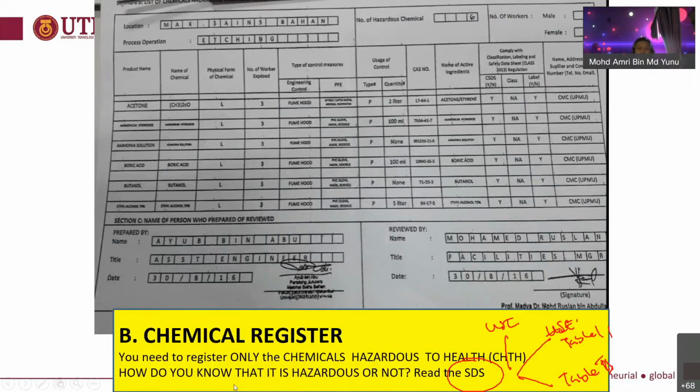So this is the chemical register. How to know whether it is hazardous or not? Read the material safety data sheet, or MSDS, sometimes called safety data sheet. It is clear in the data sheet. It will let you know whether the material is carcinogenic, for example.